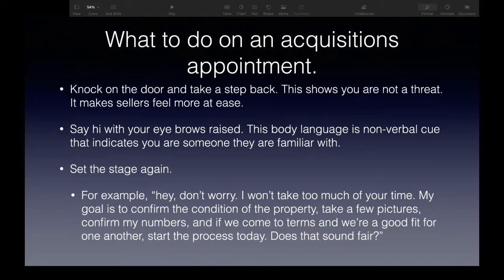And every time you do that, it's with your eyebrows raised. So when you say hi with your eyebrows raised, it's going to indicate familiarity, however it is you say that. So yeah, you're going to want to say hi with your eyebrows raised.